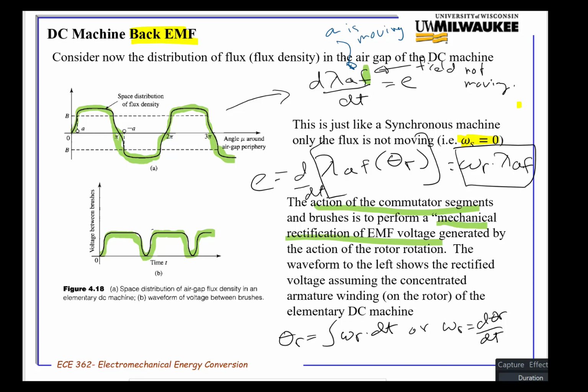That's impossible, of course, but you can get close. So this would be like the average of that voltage. That's what we call EAF. Does that make sense to everybody? Did I lose anybody? Okay, so it's a little different concept.